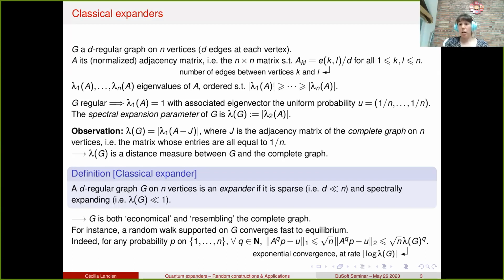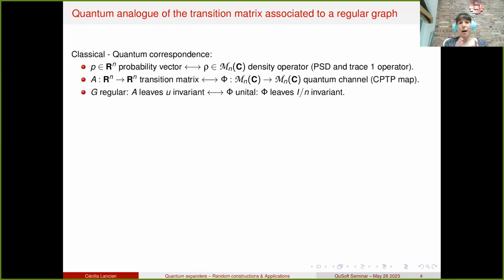Now I would like to understand how we can construct a quantum analog of this. The correspondence is very simple, and what we're going to construct is the analog of the transition matrix associated to a regular graph. The dictionary is straightforward. In the classical world, we manipulated probability vectors P in R^n.